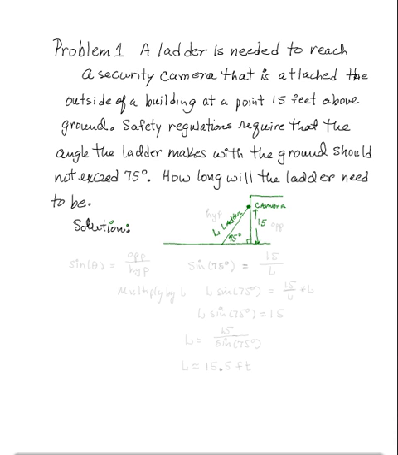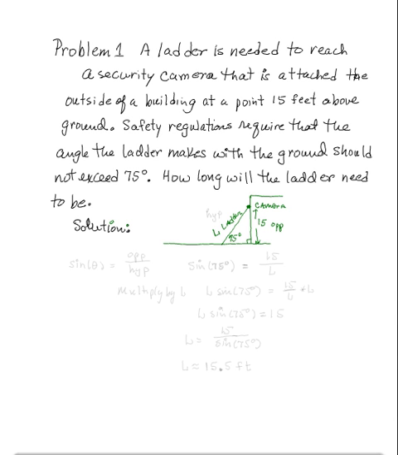The first thing to do is identify the sides that we know and want to know, in the generic sense of adjacent, opposite, and hypotenuse. If we look at the angle 75 degrees and the height of the camera at 15 feet, that side of the triangle is opposite to the angle 75 degrees.